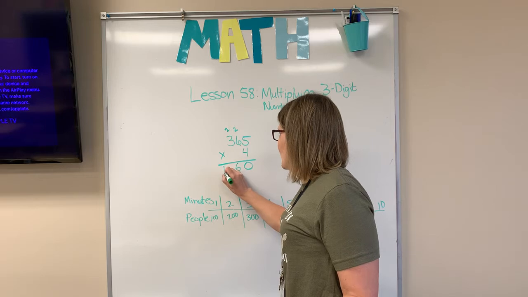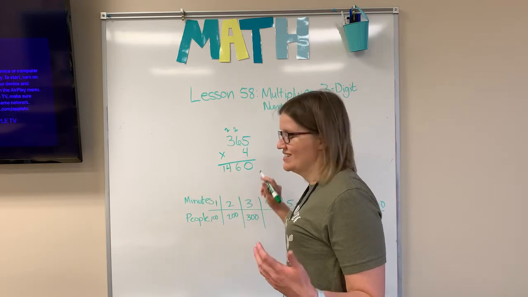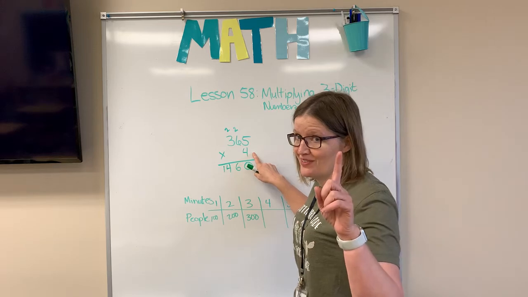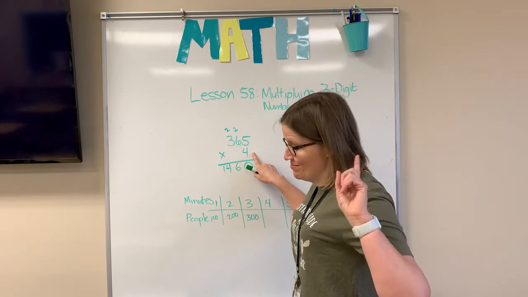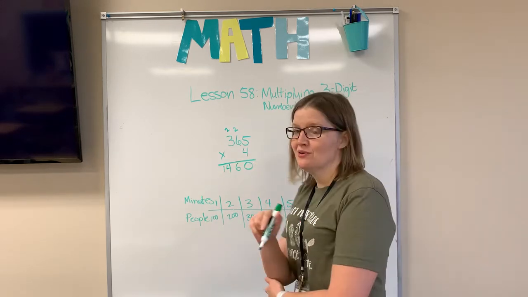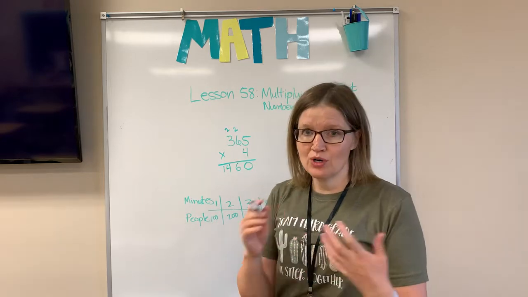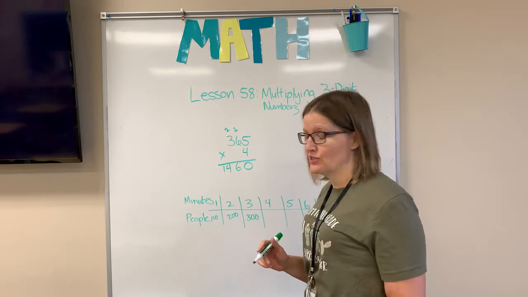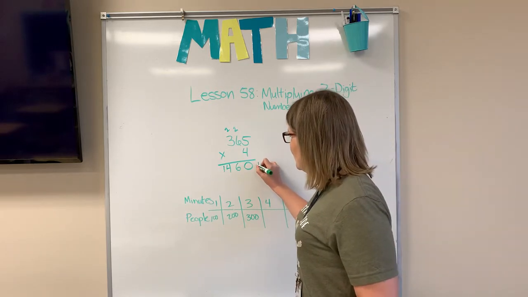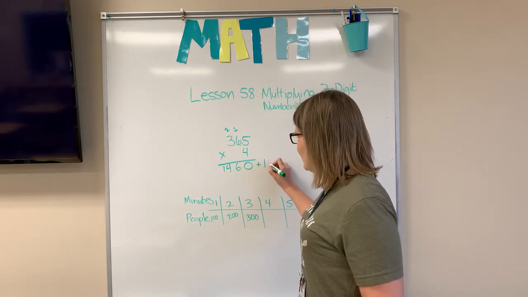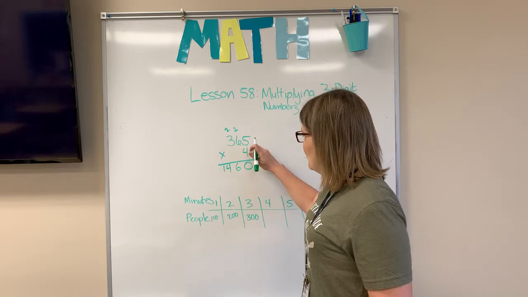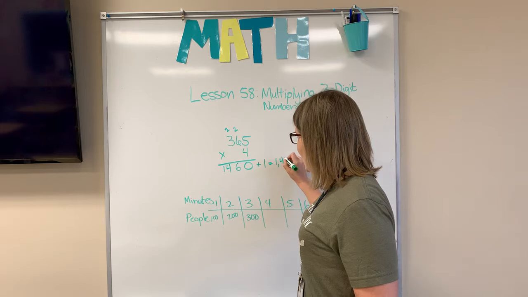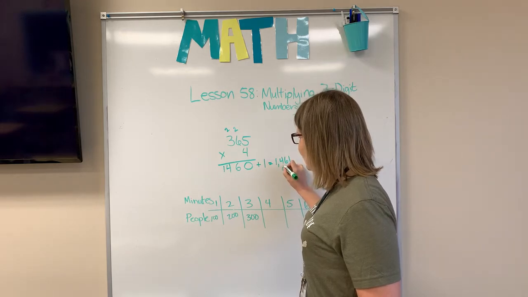Now, we know that there are 1,460 days in 4 years, but that's not all. Because we also have to remember that every fourth year, we have what's called a leap year, where we add an extra day. So we need to add one more day for leap year. And so in 4 years, we will have 1,461 days.